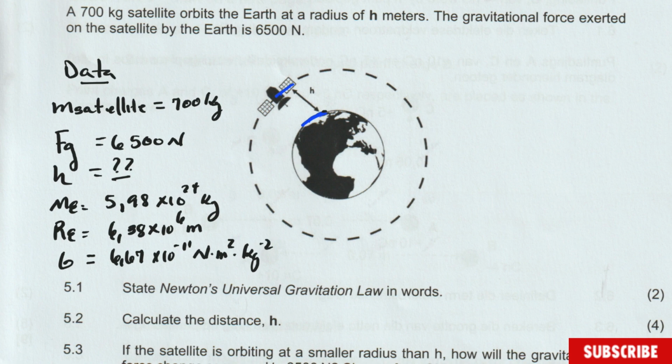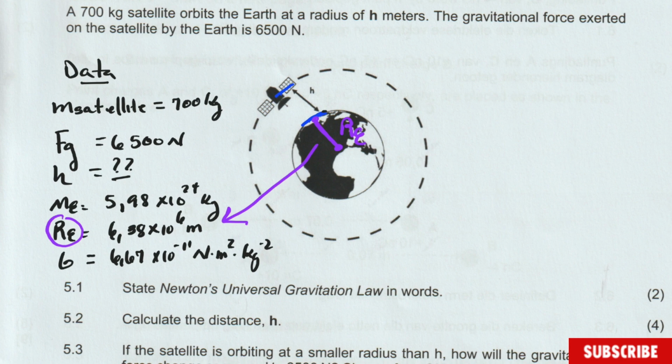We're looking for h. Now this radius of the Earth is the distance from the surface of the Earth to the center of the Earth. This is the radius of the Earth, the data given to us there.